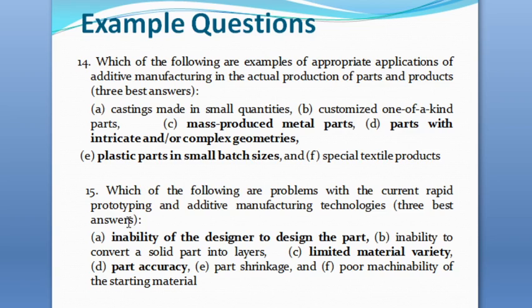Then last one, 15. Which of the following are problems with the current rapid prototyping and additive manufacturing technologies? You have to choose three best answers. Inability of the designer to design the part, inability to convert solid part into layers, limited material variety, part accuracy, part shrinkage, poor scalability of the starting material.